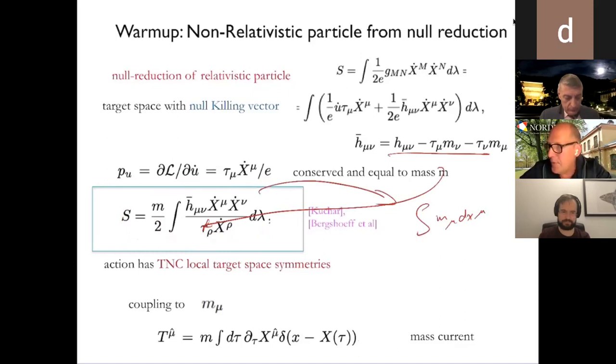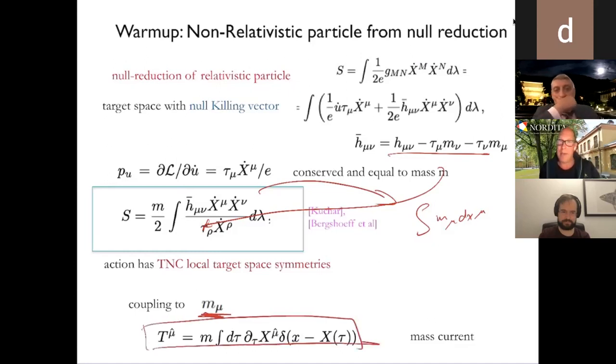And so in fact, the response to varying this action with respect to mu precisely returns the mass current. That's what I said just roughly before. And also if you have a field theory coupled to Newton-Cartan geometry, the response to mu will be the mass current of this field theory, like, for example, Schrödinger theory.